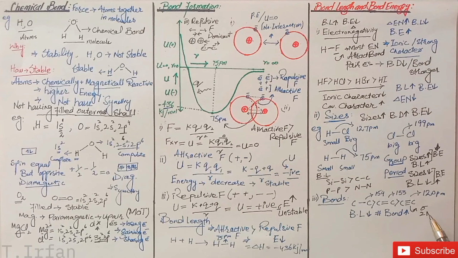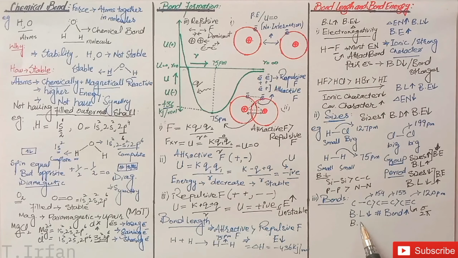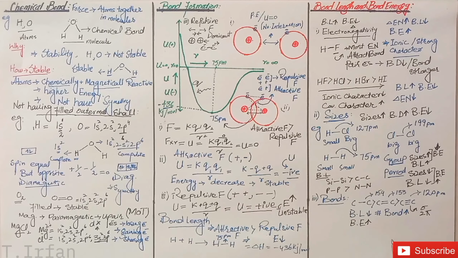In a triple bond, there is one sigma and two pi bonds. And a triple bond is not 3 times stronger than a single bond. This is because a sigma bond is stronger than a pi bond.